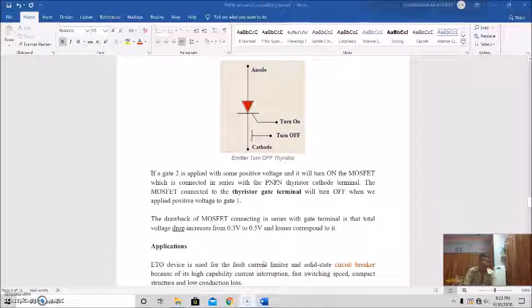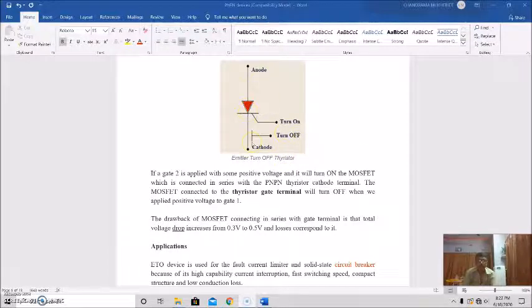The drawback of this MOSFET connected in series with the gate terminal is that the total voltage drop increases from 0.3 volt to 0.5 volt, with corresponding losses, of course. So this is the symbol.